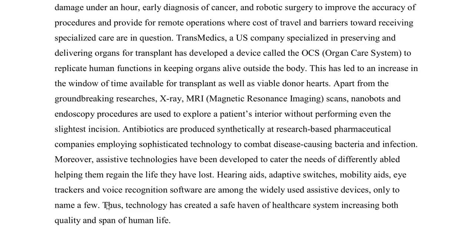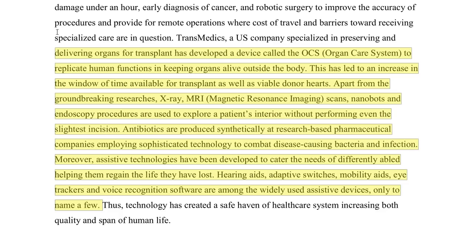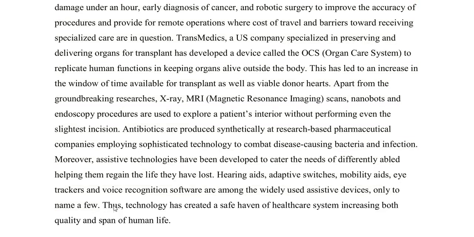And after he's done with all these supporting details, there is one sentence that is called the concluding sentence or the closing sentence. Thus, technology has created a safe haven of healthcare system, increasing both quality and span of life.